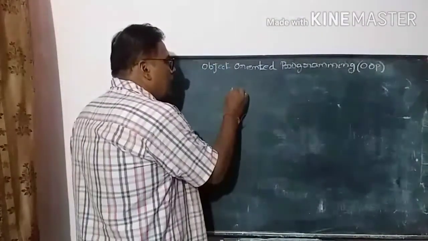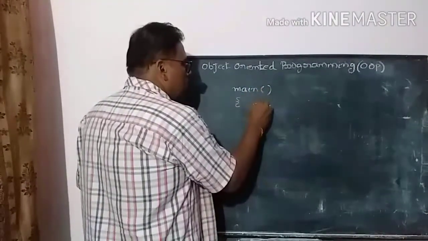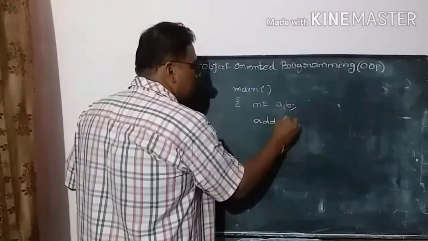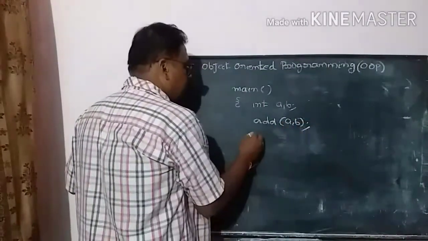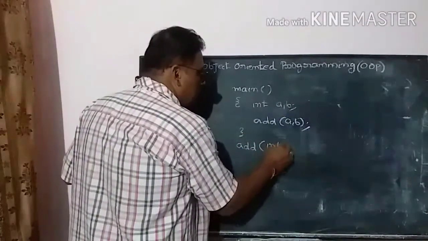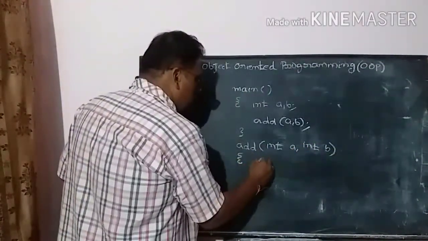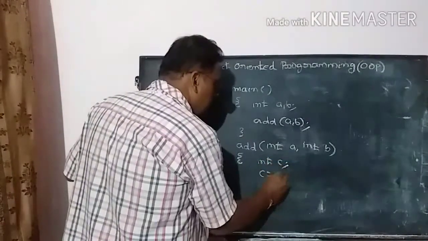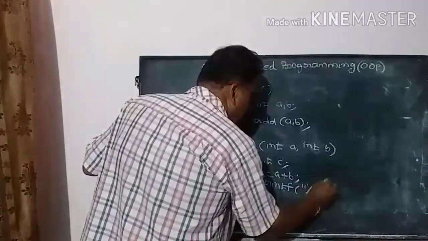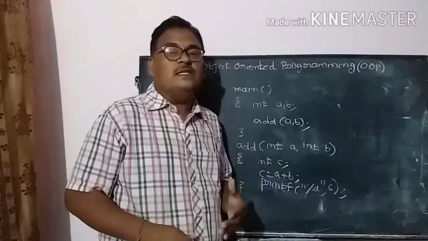So here I will explain the main function: int a, b; add(a, b); and add(int a, int b) { int c; c = a + b; printf("%d", c); }. I think you are familiar with the functions concept.